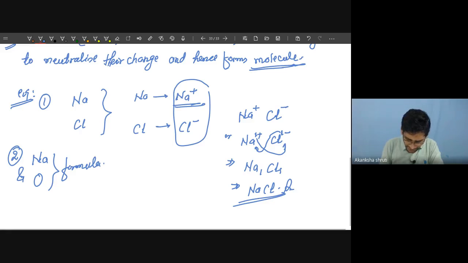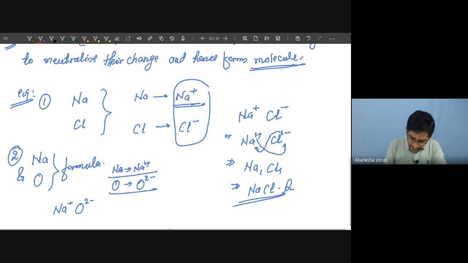Na, observe carefully. Na will have to exist as what? Na plus, I need to think, or Na1 plus rather. Oxygen, how shall I think? 2 minus. So for writing this, first I have to write the positive ion, then the negative ion. So write Na1 plus or Na plus only, and oxygen 2 minus only.